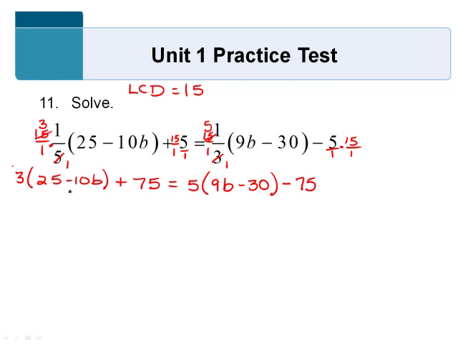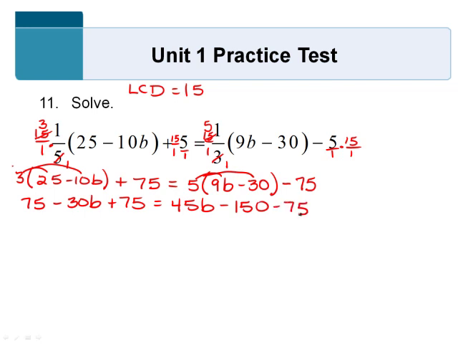So 3 times, now we're going to distribute. 3 times 25 is 75, minus 3 times 10 would be 30b, plus 75, that comes down, and then we're going to distribute the 5 over here. So I've got 45b, and 5 times 30 would be minus 150 minus 75. Okay, so now all the parentheses are gone.